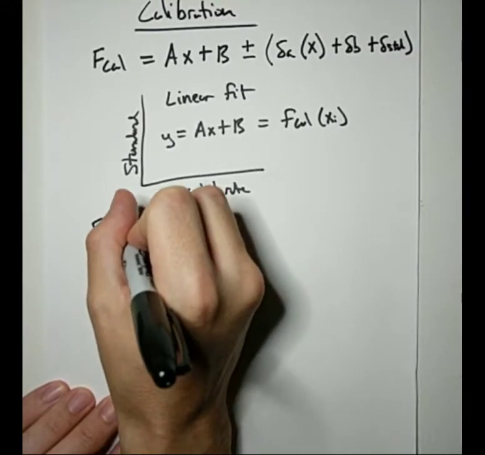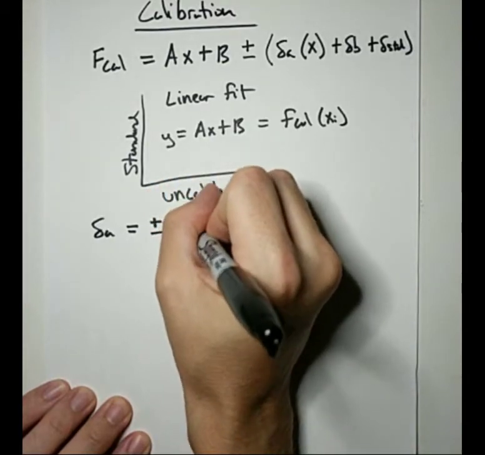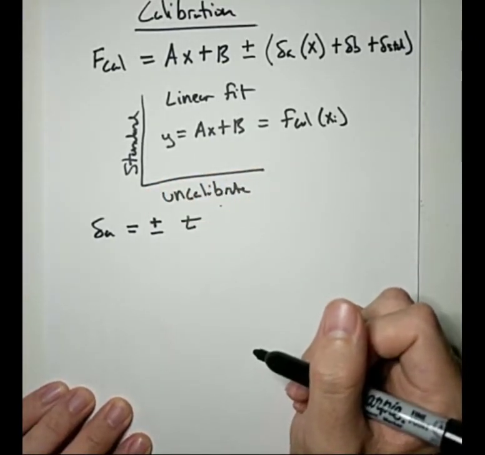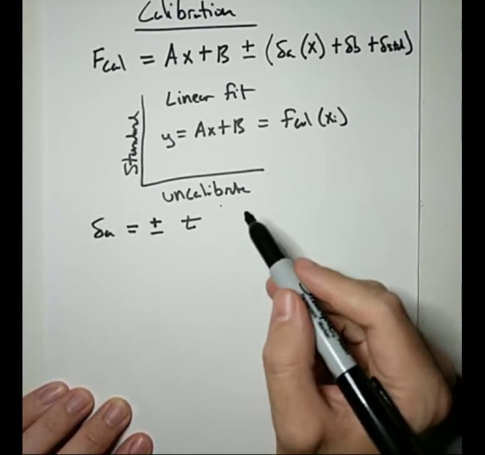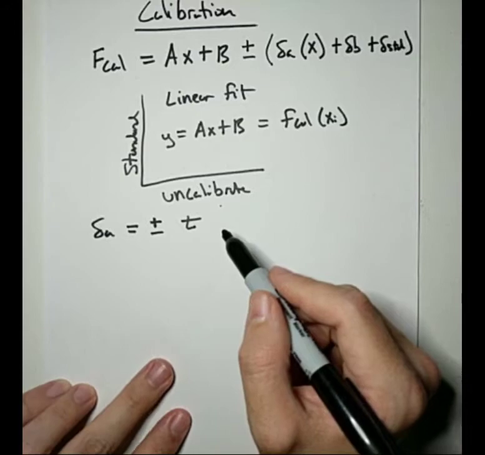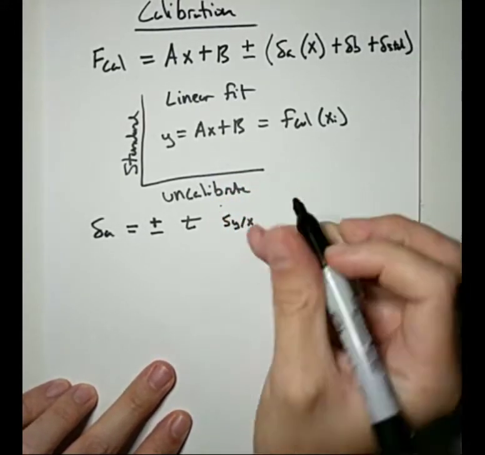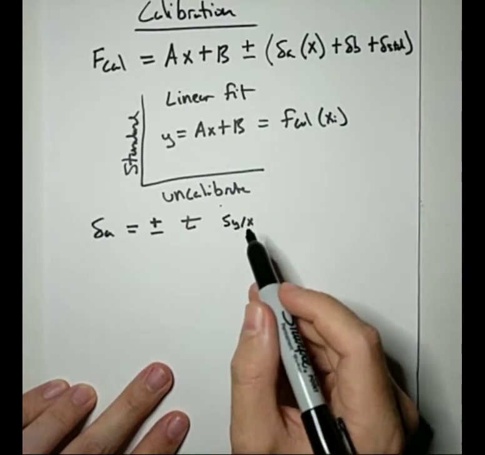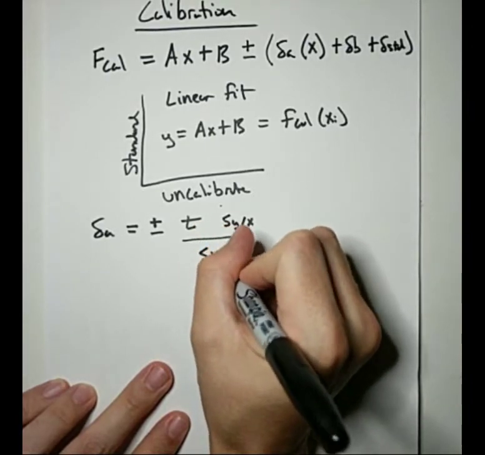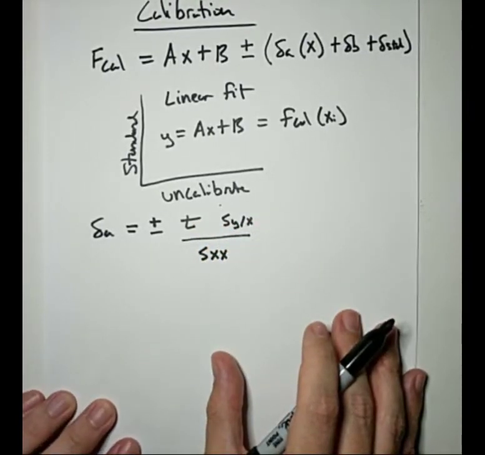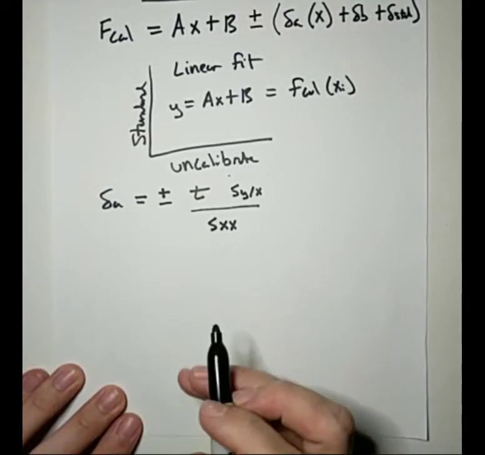So del A is plus or minus a t value that you'll get from a table in the appendix, and that will be based on a 95% confidence interval. You'll have a standard deviation SYX, and I'll give you the equation for that in just a second. And then you'll have another standard deviation SXX. So that's for the scale uncertainty, del A.